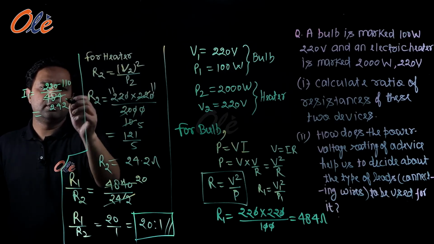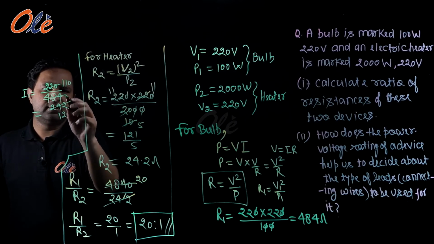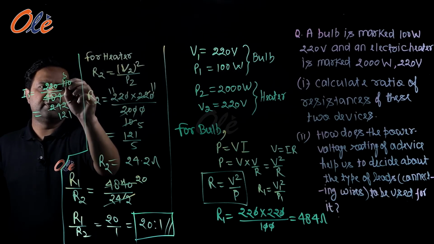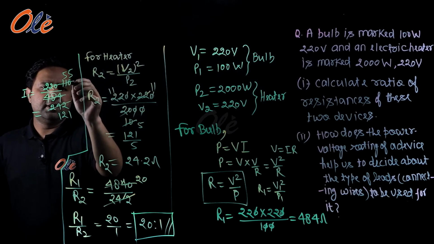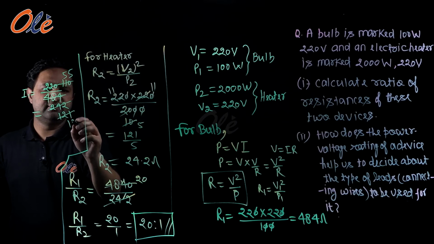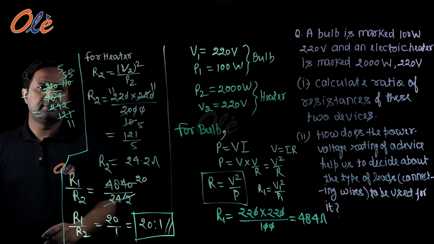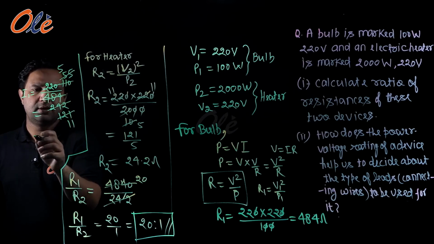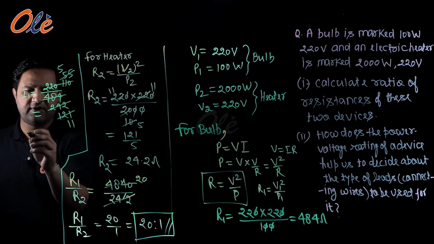Okay, again 2 1s are 2, 2 2s are 4, 2 1s are 2, 2 5s are 10. Okay, 11 1s are 11, 11 5s are 55. Okay, so it will be approx 5 by 11.